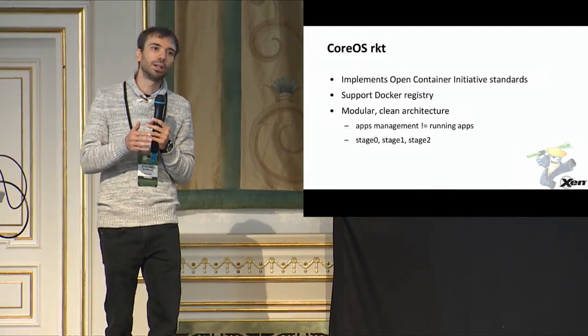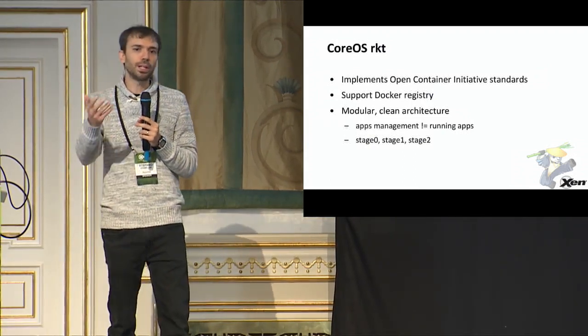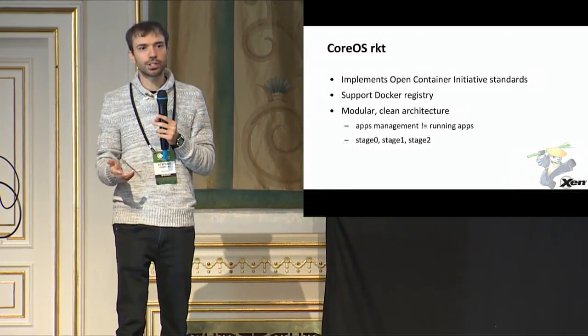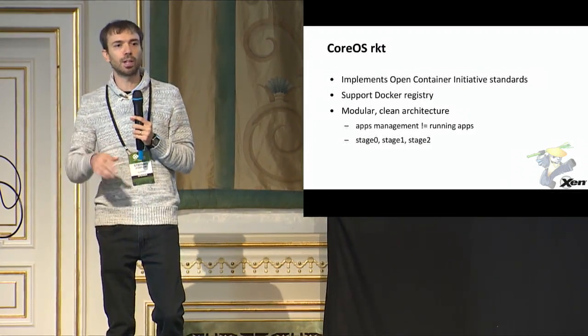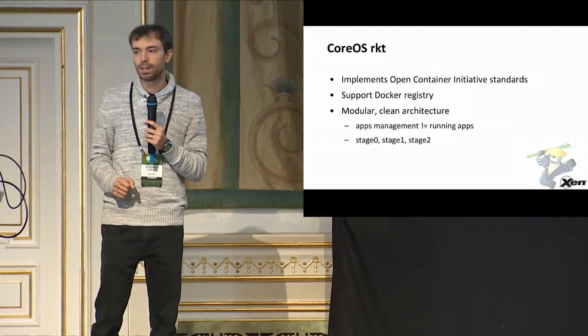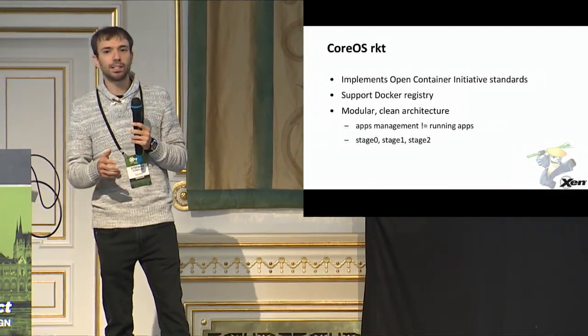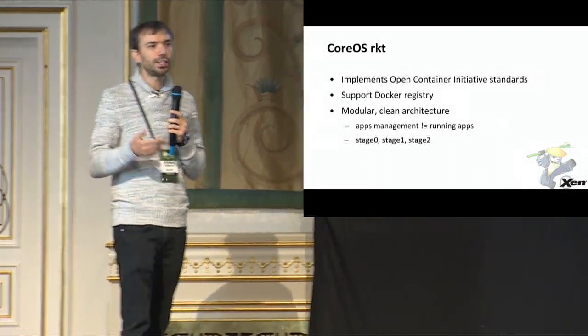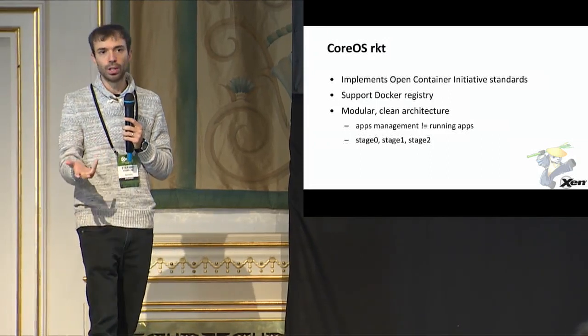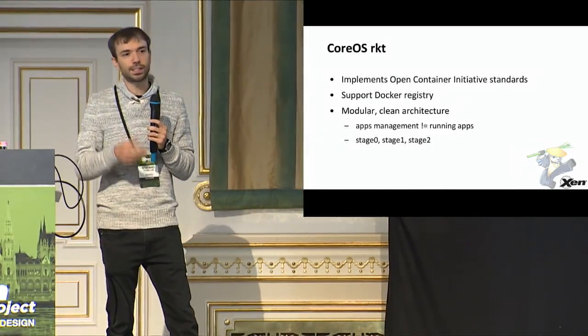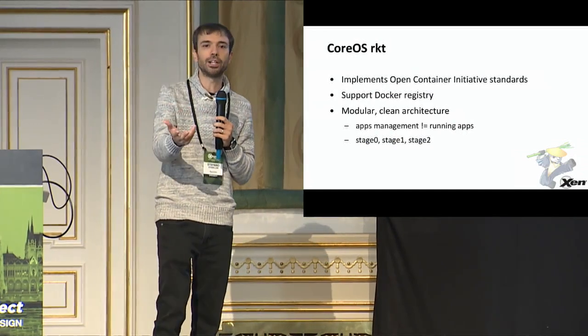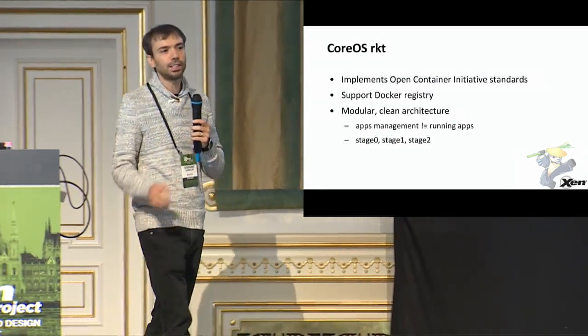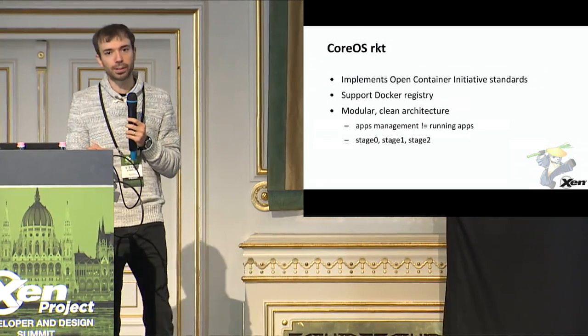Stage 0 is the one that takes care of pulling images, unpacking images, and placing them on your file system at the right place on your host. Stage 1 is the one in charge of creating a new execution environment for your container to run, and stage 2 is the actual container application running. And these 3 stages are completely separate.